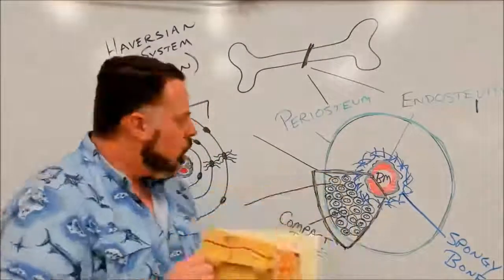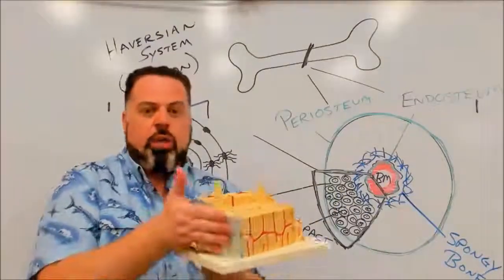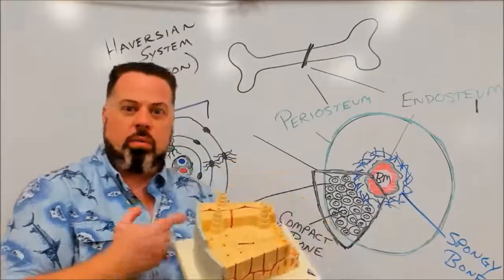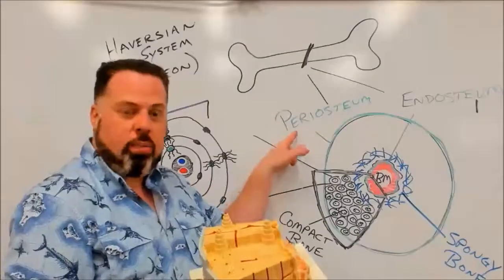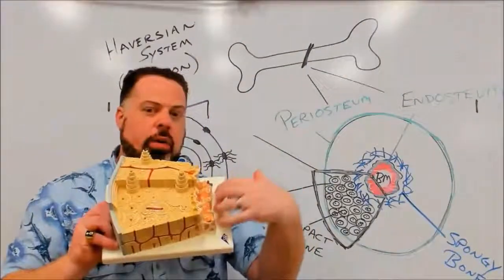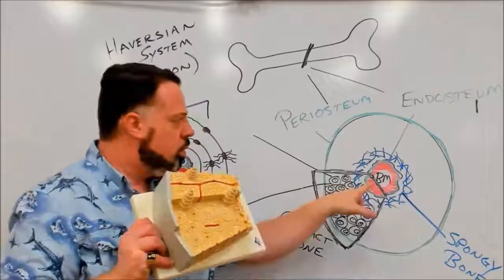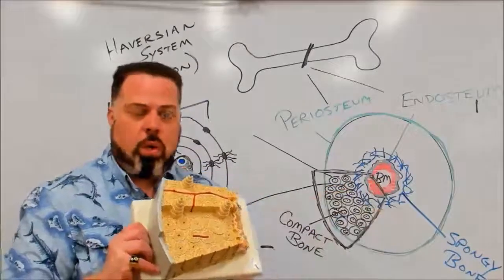Okay? So, if I asked you this bluish area over here, what is that? Right, the periosteum. If I said this area in here is filled with what? Bone marrow. Okay?